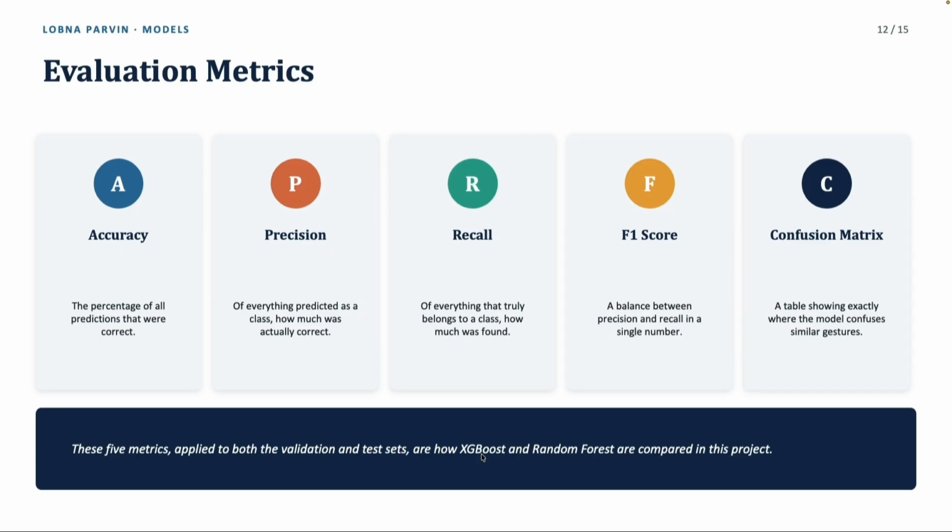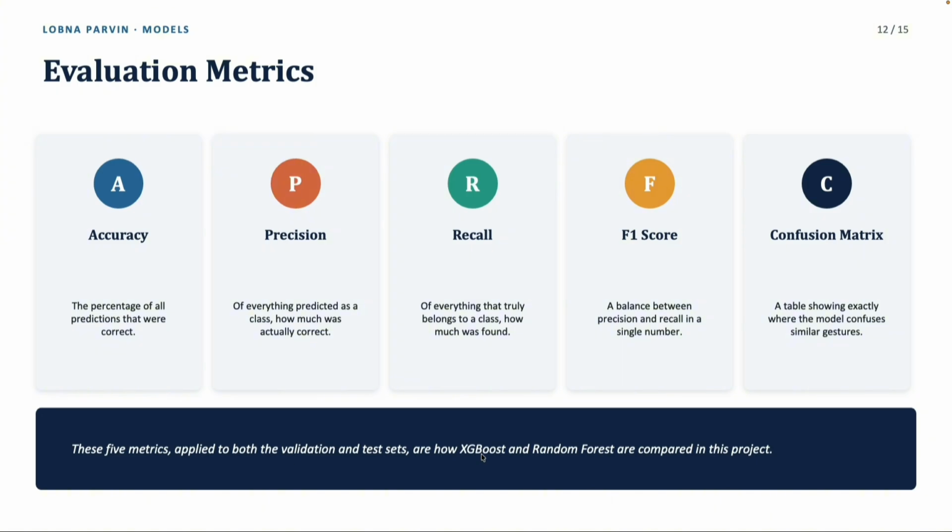Before discussing the final results, we need to understand how we evaluate our models. First, accuracy represents the percentage of total predictions that were correct. Precision tells us when the model predicts a particular gesture, how often that prediction is actually correct. Recall tells us how many of the actual cases of a gesture were successfully identified by the model.